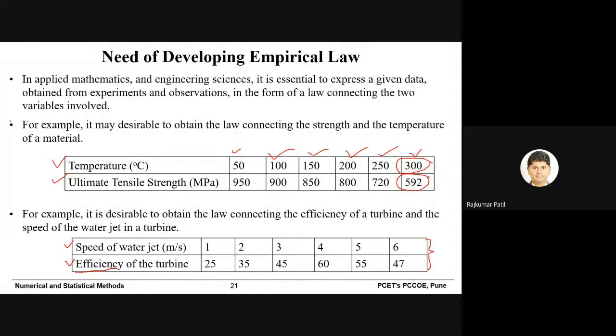So in both these cases, one common thing is that there are only two variables. In the first example, temperature and ultimate tensile strength are the two variables, and we are interested to find the relationship between them. In the second example, speed of water jet and efficiency of turbine are the two parameters.